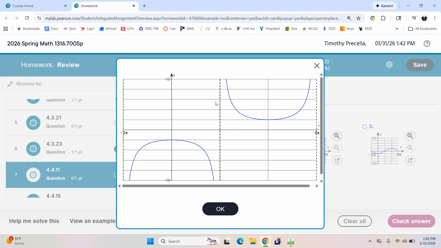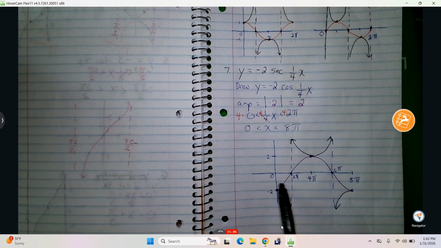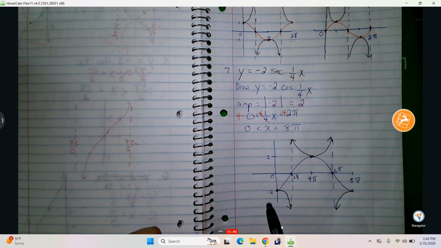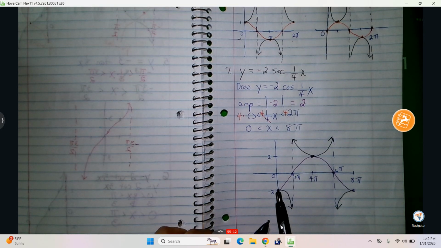Okay? There's the asymptote at 2 pi. Notice how it's going up. Got 6 pi, 4 pi, 2 pi, 0. Another way you can decide on which one is, look at this. If you look at the y-axis, which one is doing this at the y-axis?